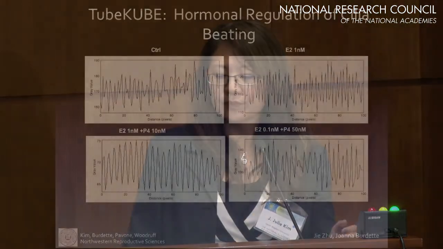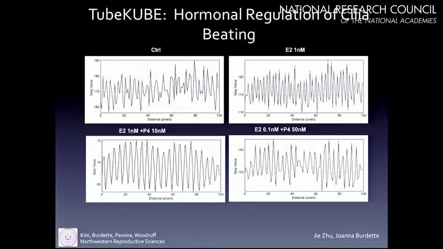And this cilia beating can be visualized in this in vitro culture system very nicely, and it can also be quantified. And so you can see here that these are actual beats per minute. And we see that the addition of estradiol, as well as estrogen and progesterone, they do regulate that beating of cilia in these cultures. And so you can see how the hormones are affecting the physiological function of this tissue.